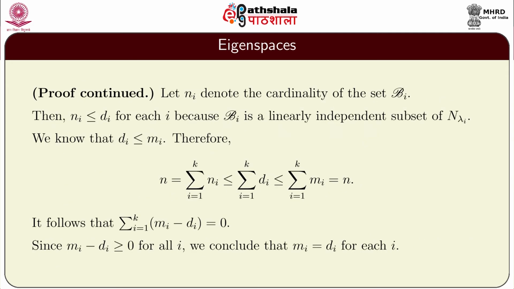Let ni denote the cardinality of the set Bi. Then ni is less than or equal to di for each i, because Bi is a linearly independent subset of E lambda i, and the dimension of E lambda i, which is the geometric multiplicity of lambda i, is di.